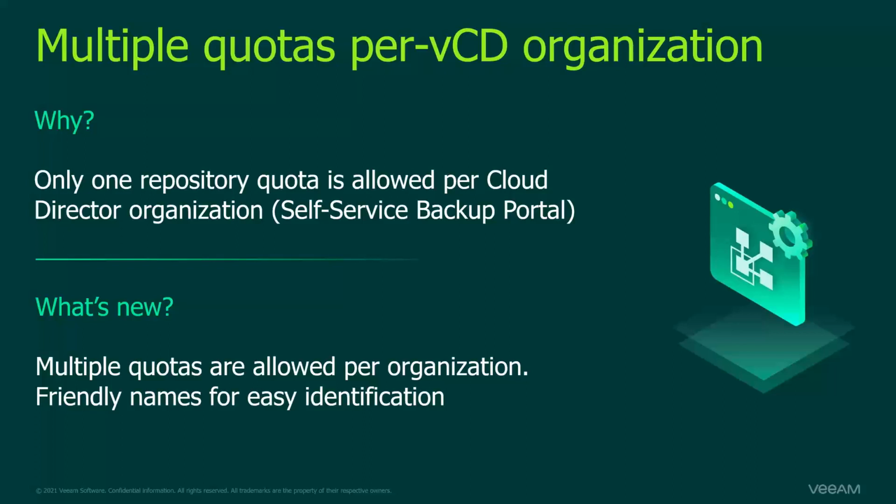You can add a second repository for them with object storage connected to it. So the customer now has a regular repository as well as a repository with a capacity tier connected to it. The customer can decide whether they want two copies of the data of a certain machine or one copy, and they can define that on a per-job basis. It's also helpful when you have multiple data centers with a single vCloud Director and you need to cross-backup from one location to another.